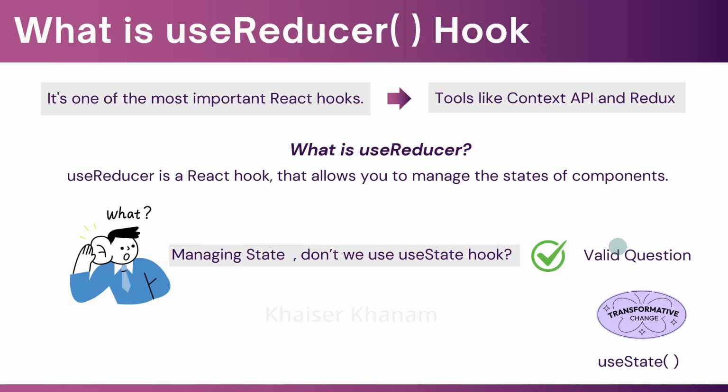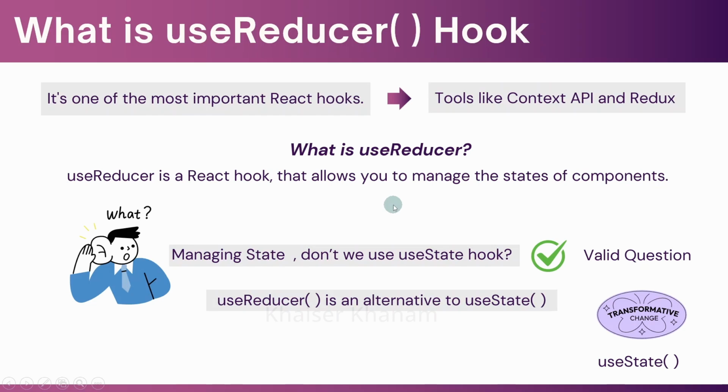And for that, we have used useState hook. But now, by the definition of useReducer, you can understand this hook also allows us to manage the states of components. So for managing the state, we are already having useState hook. Then why should we even bother about this useReducer?